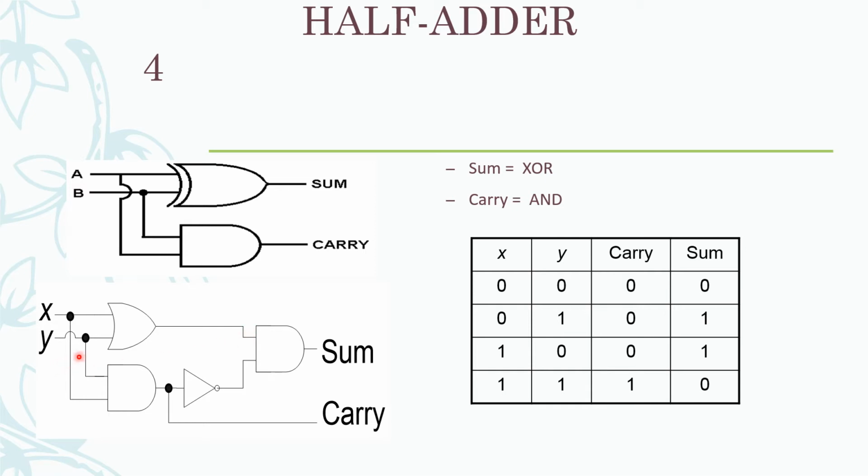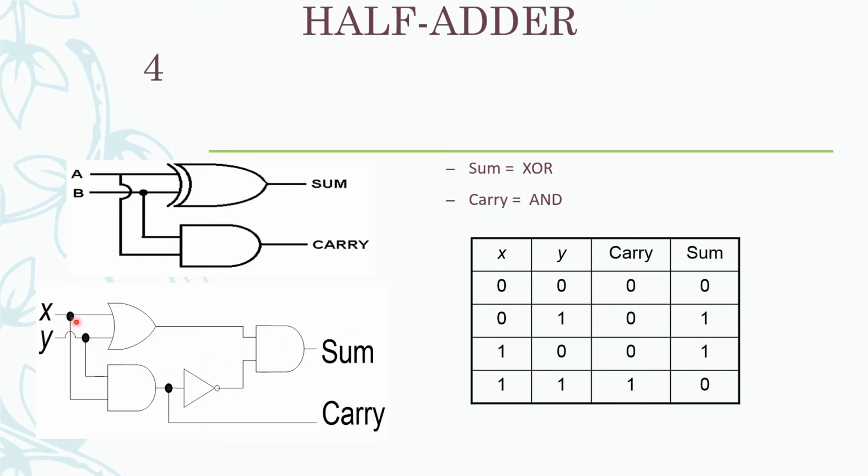Then y is 1 and x is 0, so AND will be 0, means this carry will be 0. And this is 0 over here, so its negation will be 1, isn't it? And here it was also 1. So when the two inputs of the AND gate are high, the output will be high. Therefore, here we have sum equal to 1.